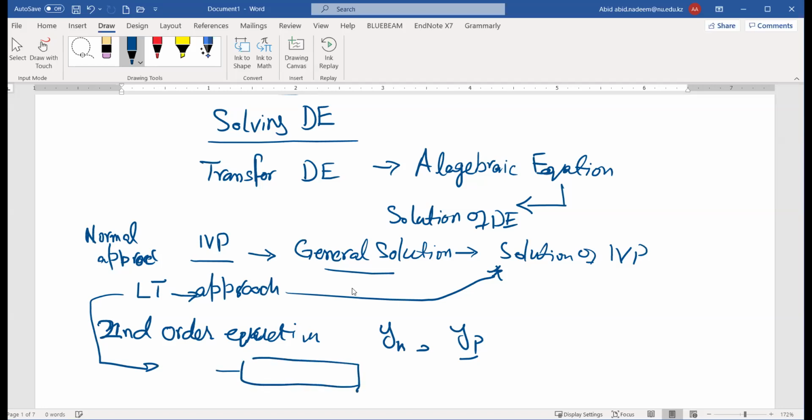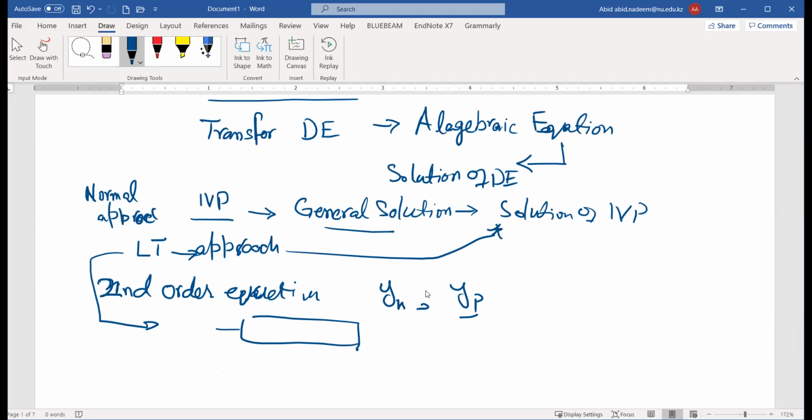There is no need to find the homogeneous and particular parts. So this method gives us some advantages, meaning the calculations involved may be much less than in the normal methods. However, this method also has some disadvantages, because sometimes when you find the algebraic equation, converting it to the final solution becomes quite challenging.